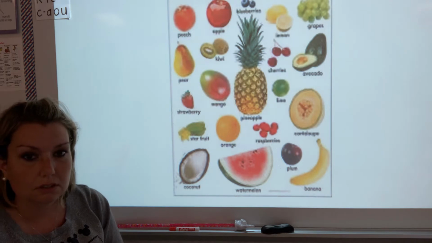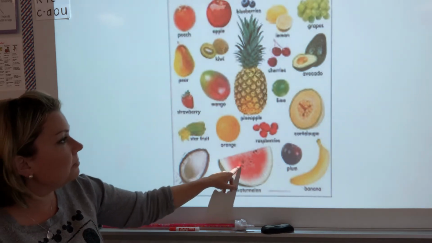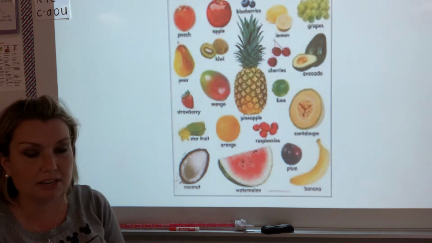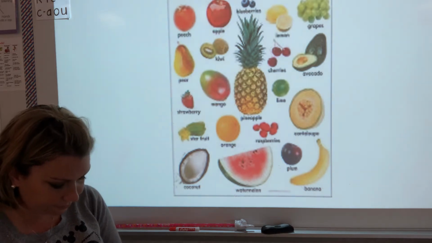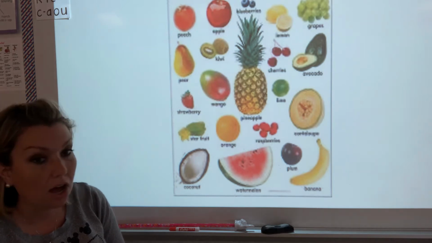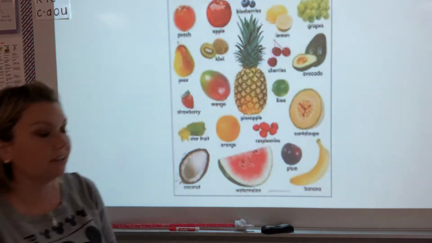I recognize the watermelon and the pineapple and the banana and the grapes. Okay. The watermelon, pineapple, banana, grapes. Very good. Anyone else recognize some fruits? Jonyan. Avocado. Yummy, yummy, yummy avocado.